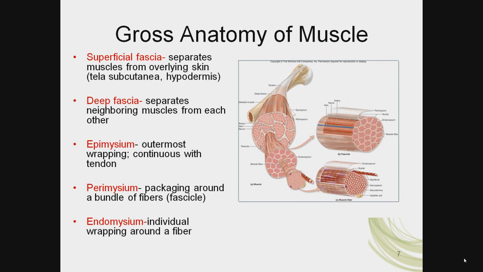So how can you think of these wrappers and compartments? Okay, let's say you are a smoker and you buy a carton of cigarettes. I want you to think of the carton you buy.